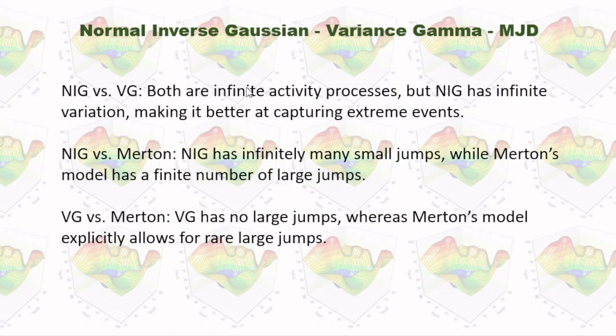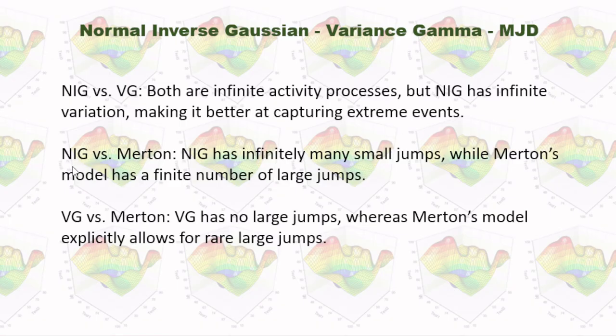Now, let's compare among those three processes. If I compare NIG process versus VG process, both are infinite activity processes, but NIG has infinite variation, making it better at capturing extreme events.